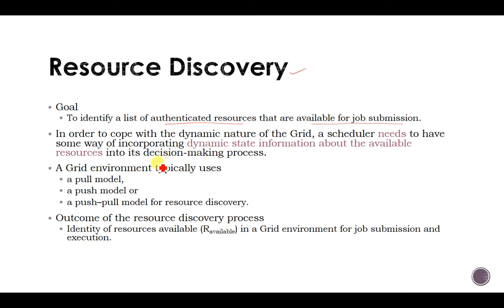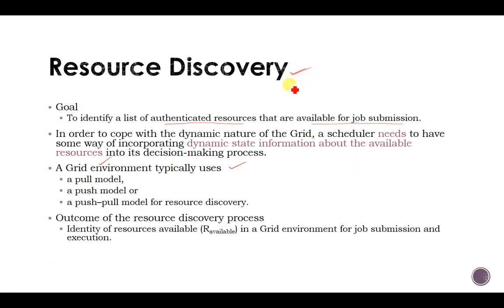A grid environment typically uses a pull model, a push model, or a push-pull model for resource discovery. These are the three methods used by the grid environment to inquire about the resources available.